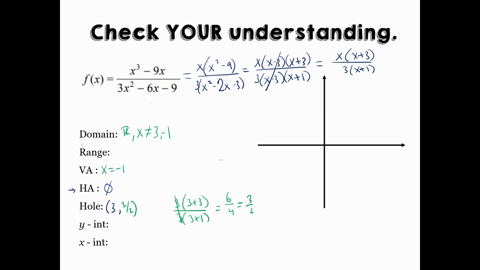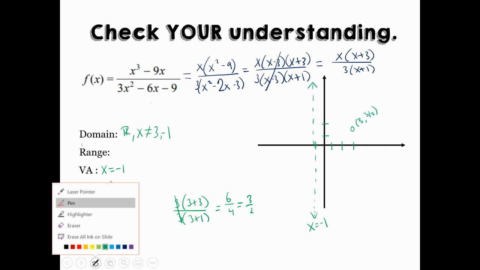X equals -1. So I should probably start graphing some of this. I know at the ends it's going to either shoot off to infinity or negative infinity, right? Because there's no end behavior asymptote. X equals -1, and then I have a hole at 3, 3/2. Okay. Let's think about x-intercepts.